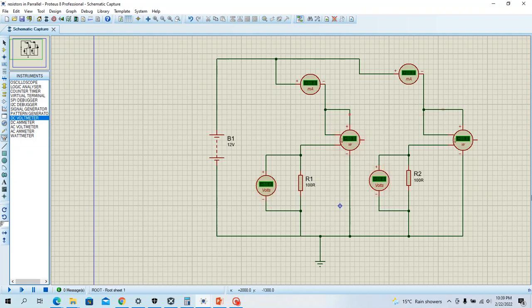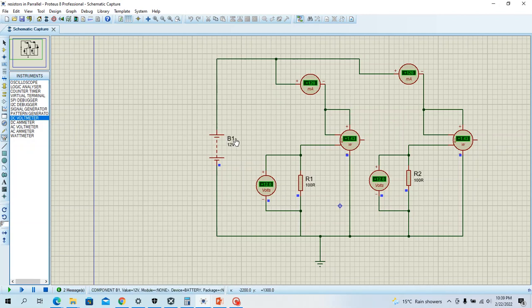So this is the circuit I have made. First, if we have 100R and this is 100R, we can check if we simulate this. So here 120 milliampere of current is flowing in this resistor and 120 milliampere in this resistor.